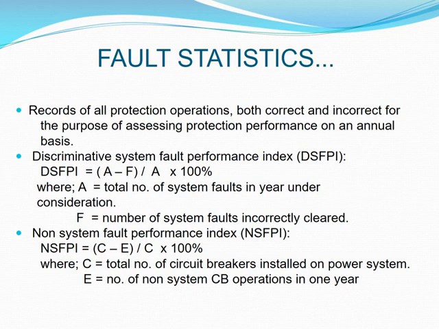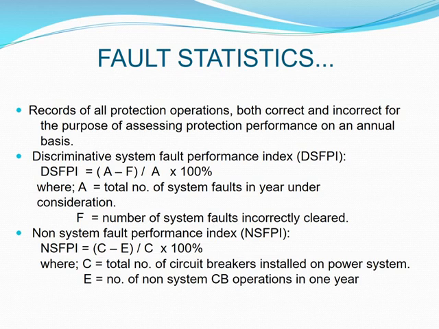For the discriminative system fault index, we have a formula where A is the total number of system faults in the year that we are considering. Remember, it's on an annual basis. We subtract F, which is the number of system faults incorrectly cleared.